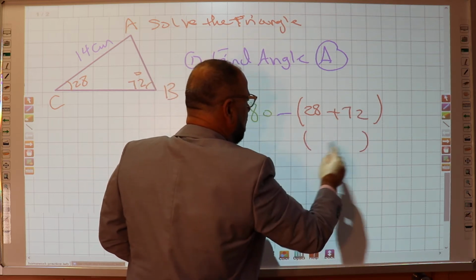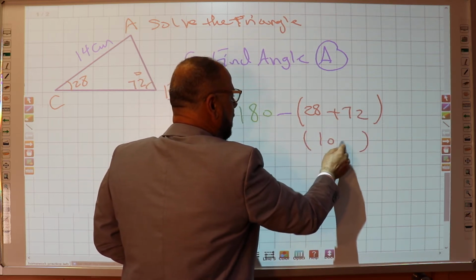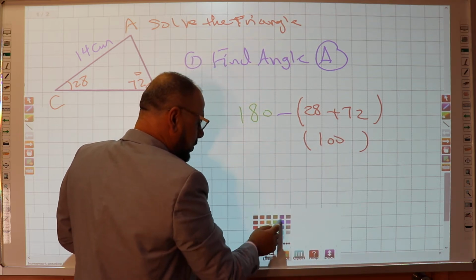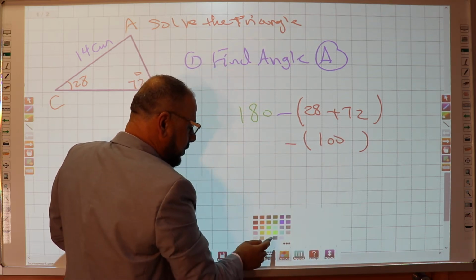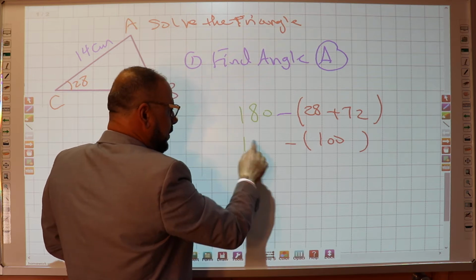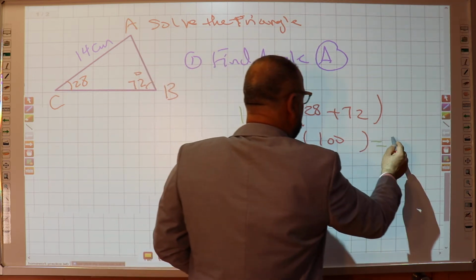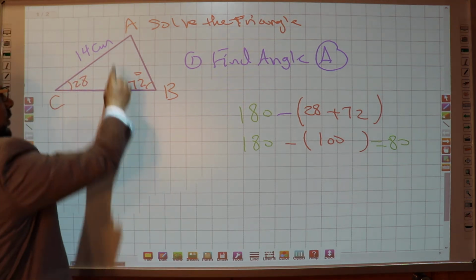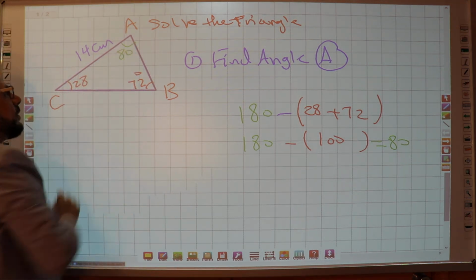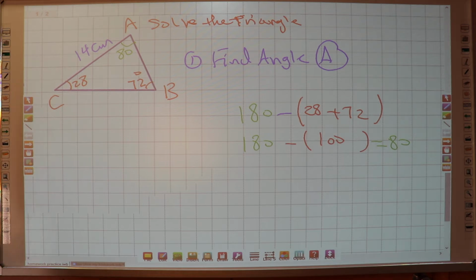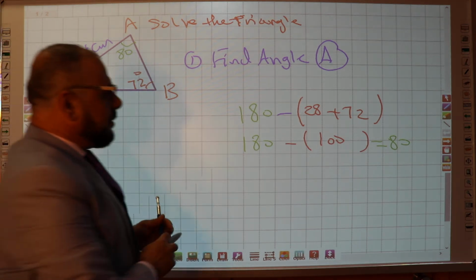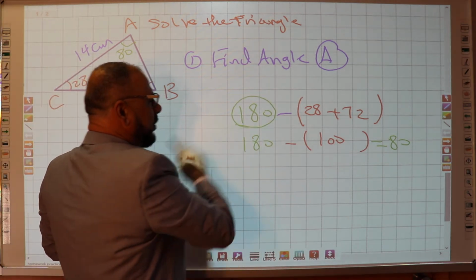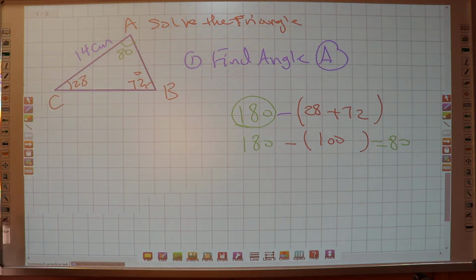The 28 plus 72 is how much? 100. And 180 minus 100 is 80 degrees. Then this angle is 80 degrees. The first step, I found the angle using the property of the triangle, that the sum of the angles in a triangle is 180.